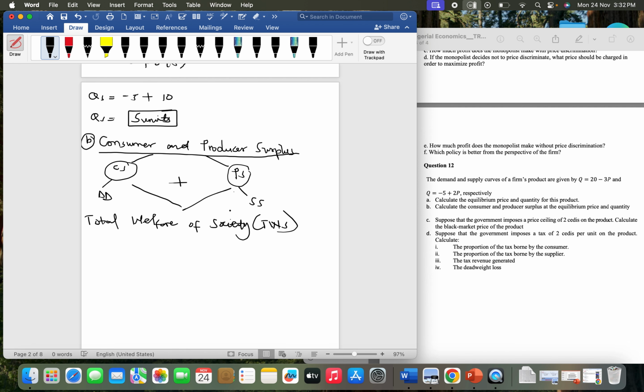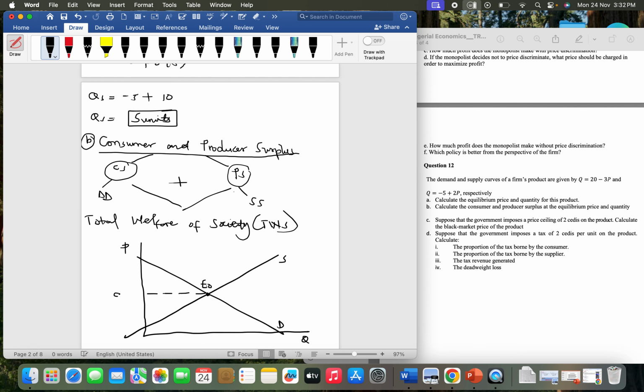Consumer surplus deals with the demand function, producer surplus with supply. So let me use a diagram to briefly explain it and make it simpler. I have this: this is quantity, this is price. This is demand, this is supply. Where they are meeting is the equilibrium point, E naught.